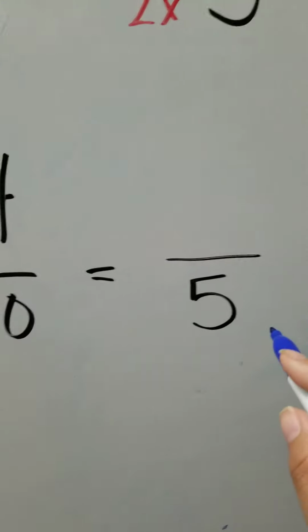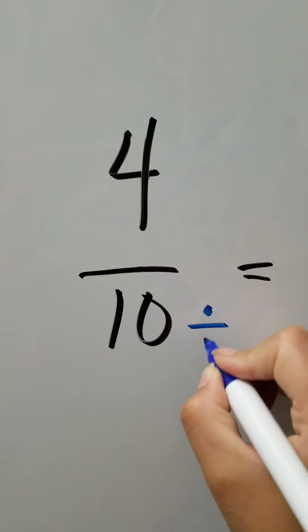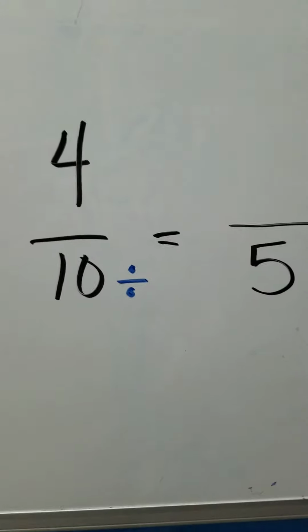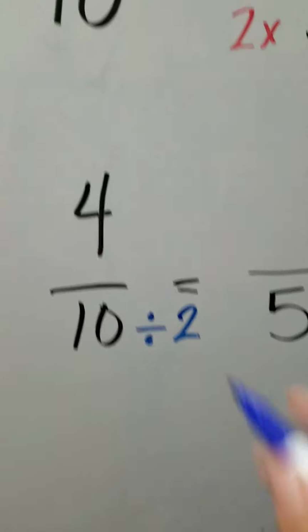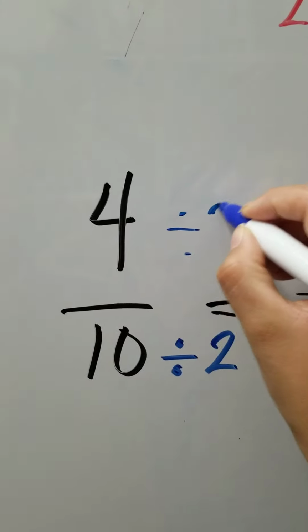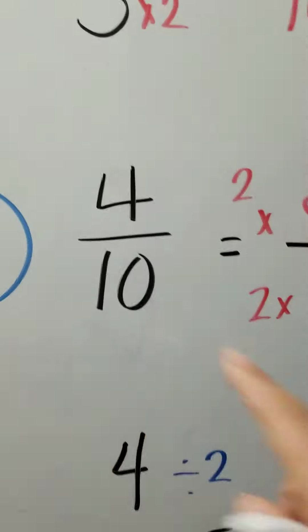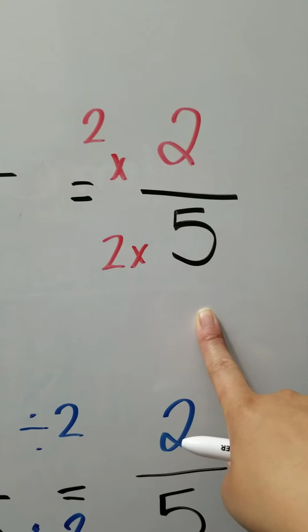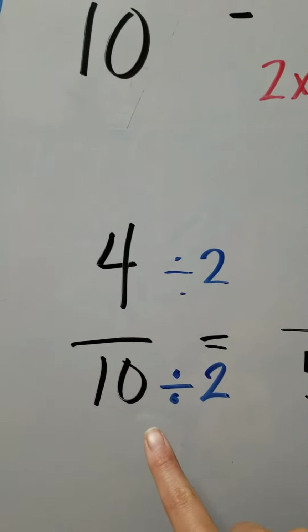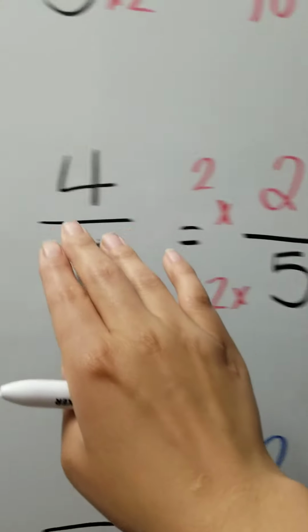I can go to the denominator because they both have a denominator. 10 divided by what equals 5? 10 divided by 2 equals 5. So I'm going to do division up here as well. 4 divided by 2 is 2. So if you have a larger fraction and you're going down to something smaller, you will divide. But if you're not comfortable doing that, stay with your smaller ones and multiply and go larger.